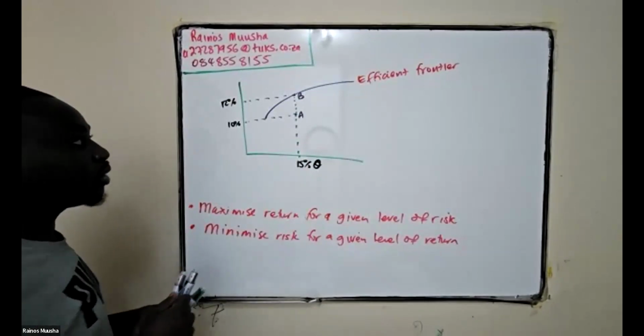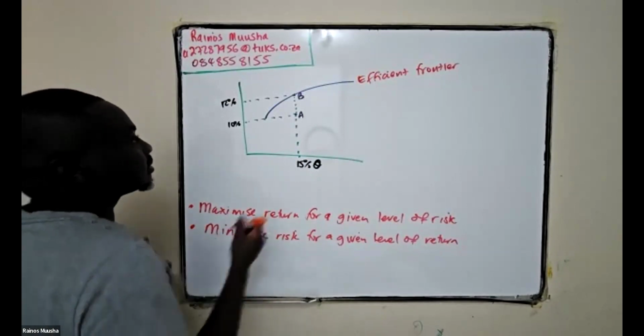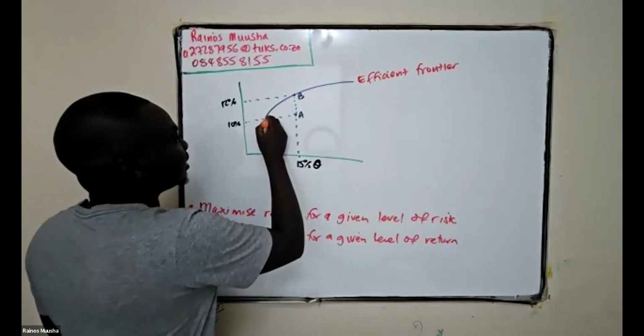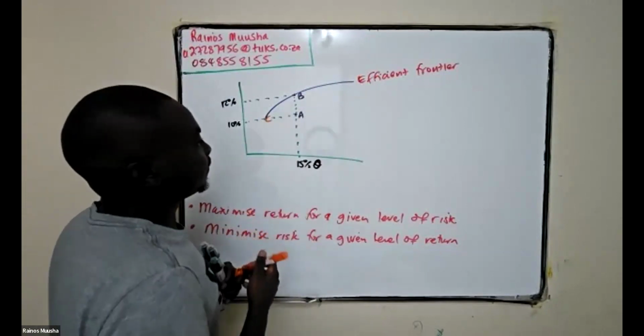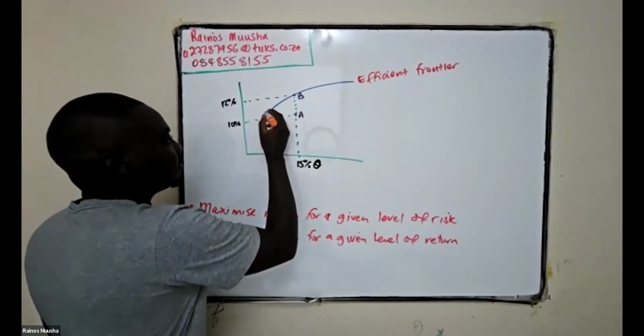The same question would also arise if you're asked to compare investments. Let's say, for example, you're asked to compare investment C and investment A. Investment C is plotted here.